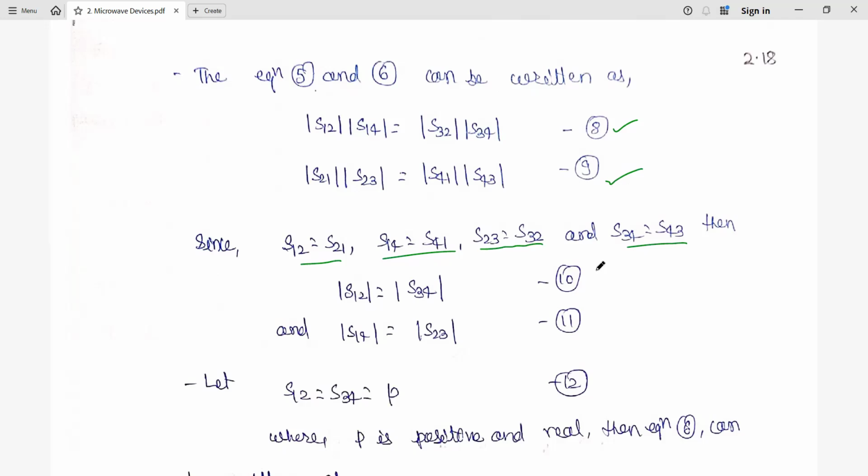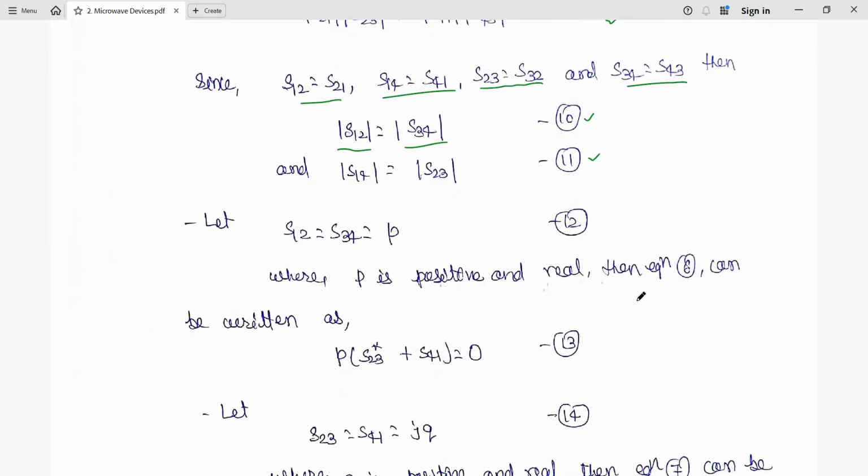Now if you substitute these values in equations 8 and 9 and compare, we get modulus of S12 equal to modulus of S34. We use modulus because the modulus of the conjugate also gives positive values. So we get equation 10 as well as equation 11 by using 8, 9 and these symmetry properties.